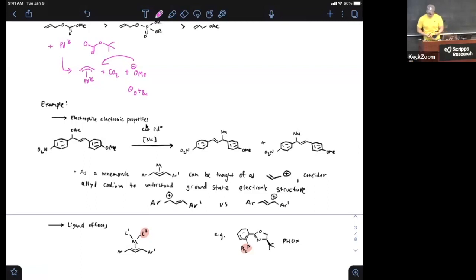Okay, let's consider now this example. We've talked about the trends in terms of how different substitutions on the electrophile affect oxidative addition rates.